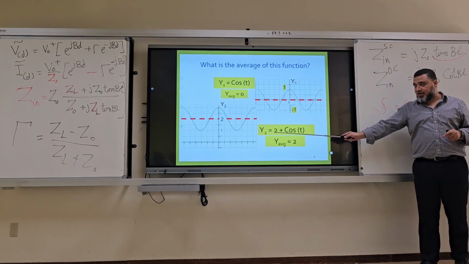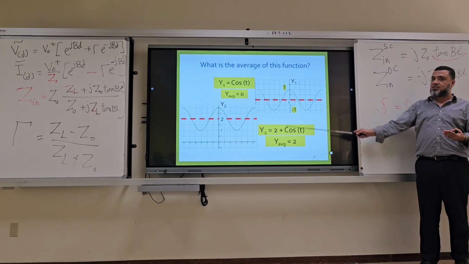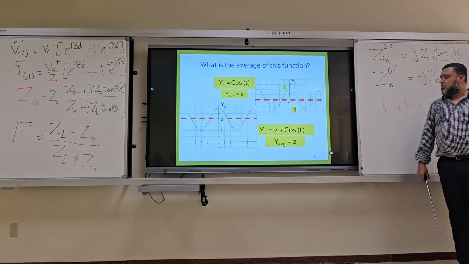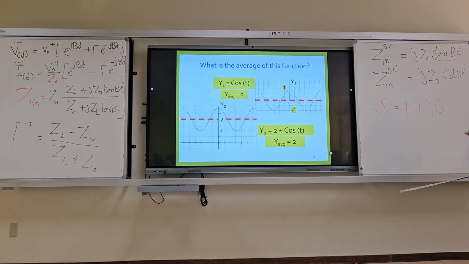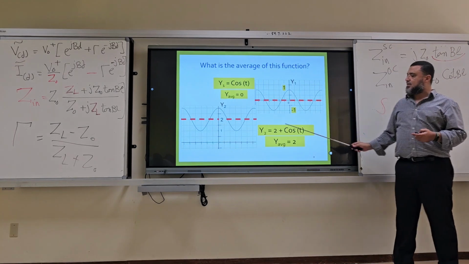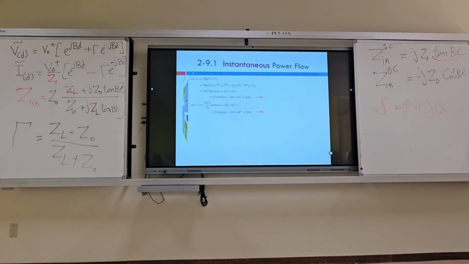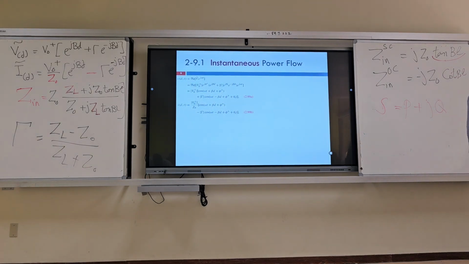If you have a DC constant value plus cosine or sine, the average is this value. The average is the real part of the complex power. Okay, Shabab, this is very important. It looks trivial, but it's very important to understand that the shift in the signal is the average value. Because, inshallah, next time we will speak about the instantaneous power flow in the transmission line. Thank you, Shabab.